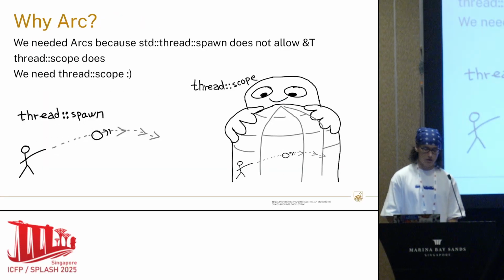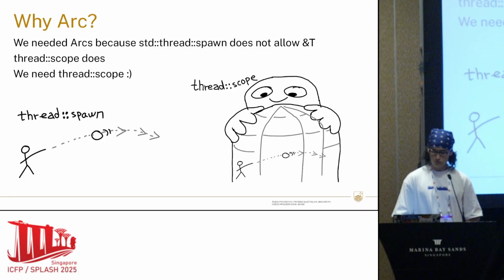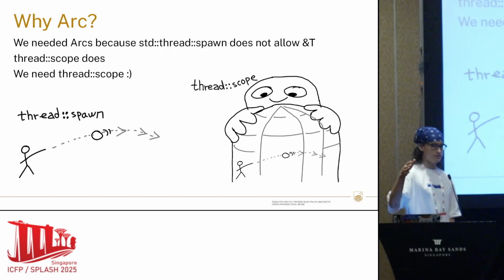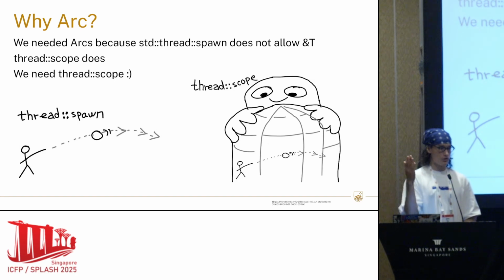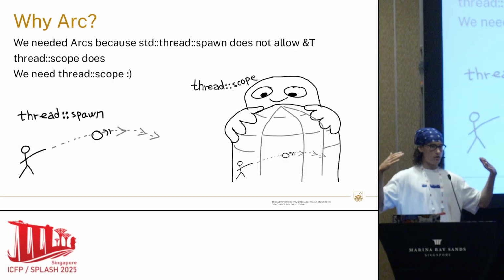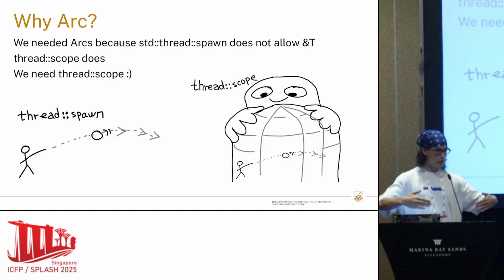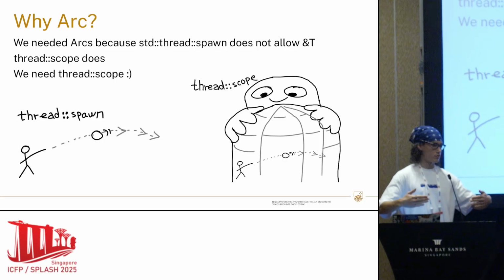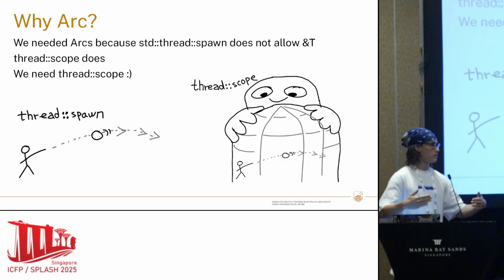And why atomic reference counter? So as I said, there are two ways to spawn a thread in Rust. You can just spawn it, and then join it yourself, otherwise it won't be joined, or you can scope it, and this way you are inside an environment which will terminate the thread, doesn't matter whether you joined it or not.